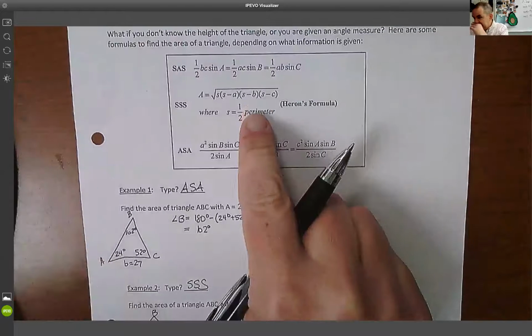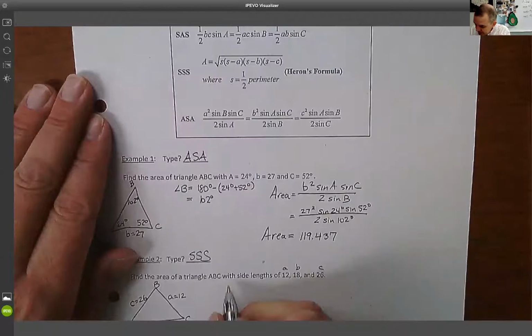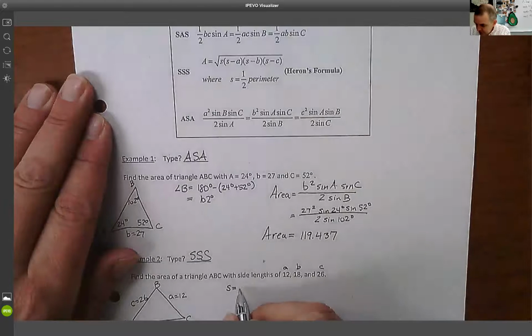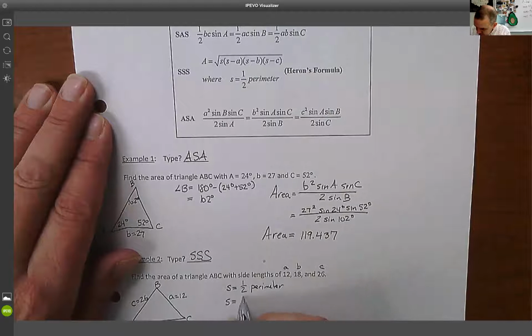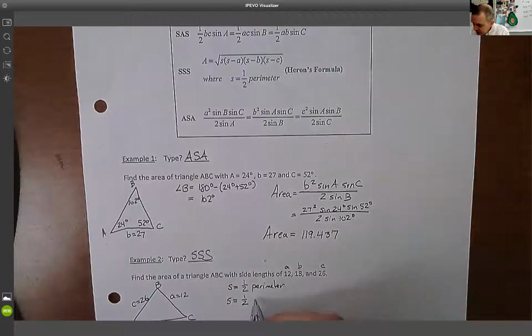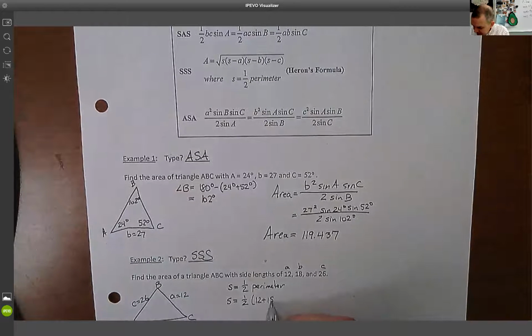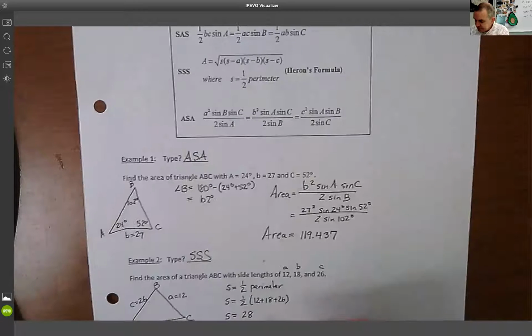There are two formulas you have to use. First, figure out the perimeter of the triangle by adding up the sides. The S we're looking for is one half the perimeter, so it's one half of 12 plus 18 plus 26. This tells us that the S value we're going to use is 28.